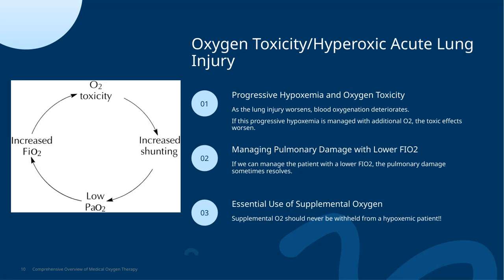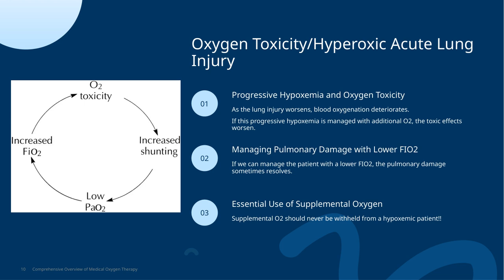Let's take a closer look at oxygen toxicity and hyperoxic acute lung injury. First, it's important to understand that supplemental oxygen is essential in many clinical situations. In fact, oxygen should never be withheld from a hypoxemic patient because maintaining adequate oxygenation is critical for survival and tissue health.